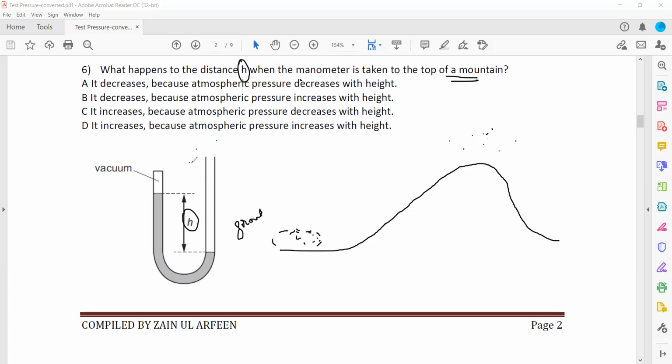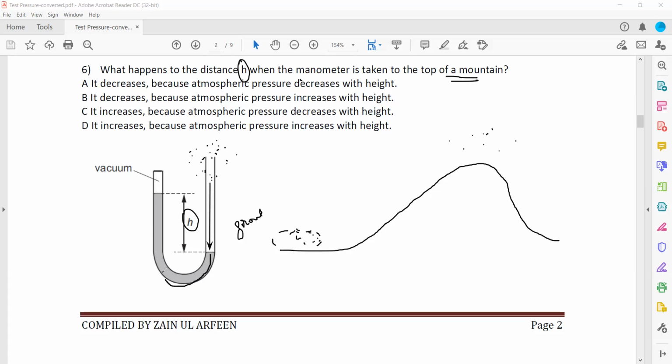Look, this side is closed, you can see it is closed here, and here is a vacuum. And here you have air particles. On the ground, there are more air particles, so they are pushing it. So on the ground, you have more air particles, so there's more pressure.